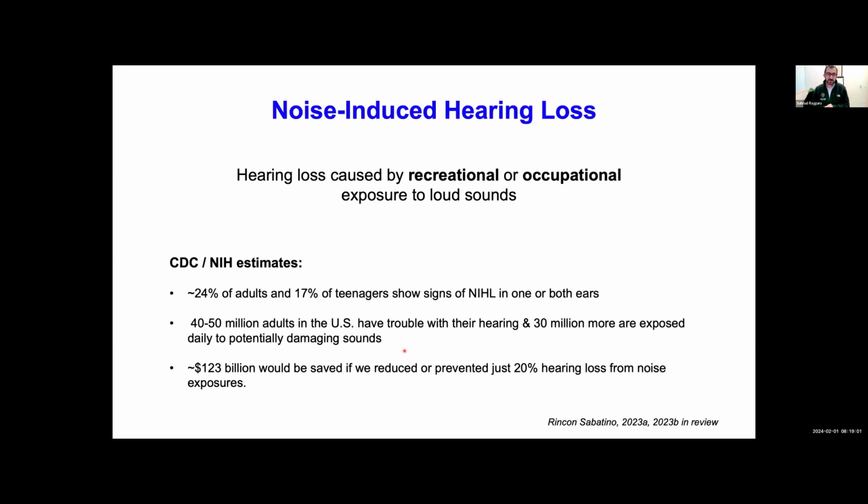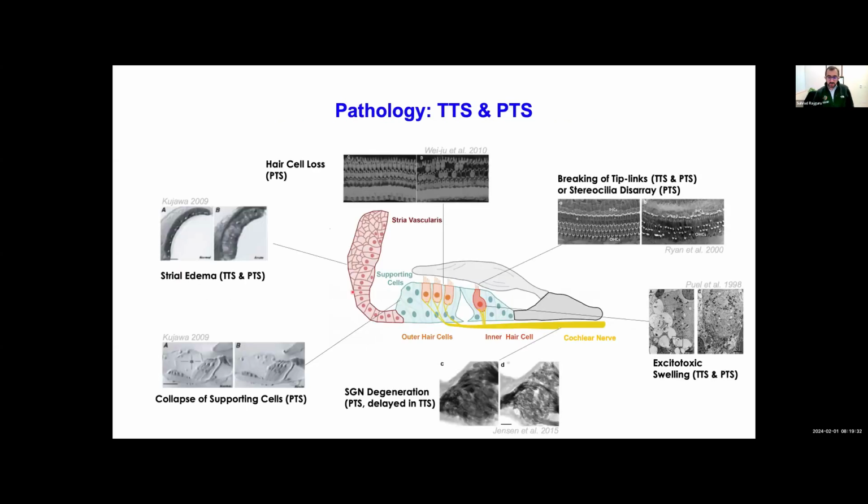In fact, there are estimates that 25% of adults and now close to 20% of teenagers, just from going to concerts and being exposed to damaging noises in their environments, can have noise-induced hearing loss. There is an estimate that about 1.3 billion people in the world suffer from this problem, and many of you might have experienced a little bit of this, and I won't bore you with some of the pathologies and what goes on.